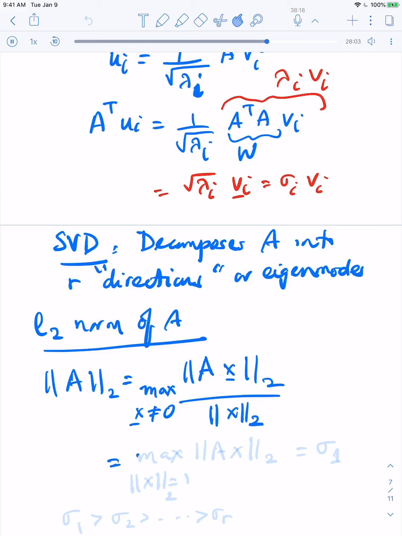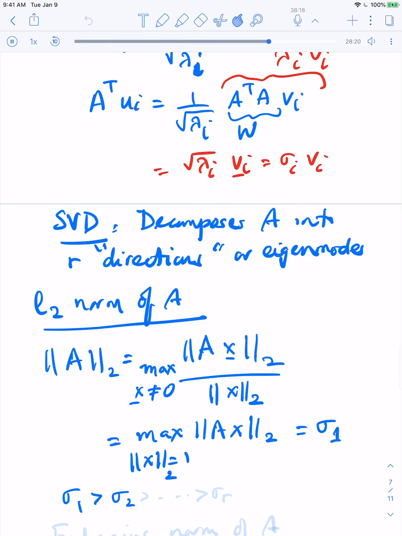I could also write it as the max over all X which have unit L2 norm of the L2 norm of AX. It's pretty easy to see that this is going to be exactly equal to the biggest singular value, where without loss of generality, I'm going to order them in decreasing order.